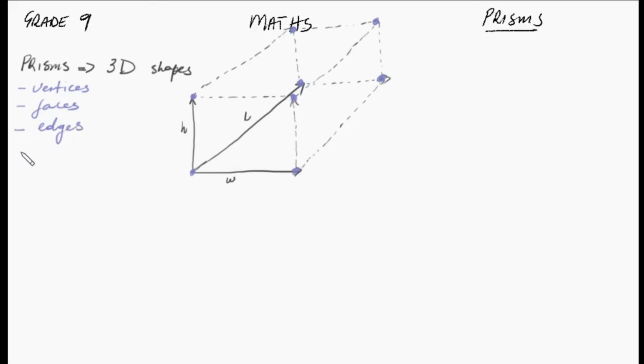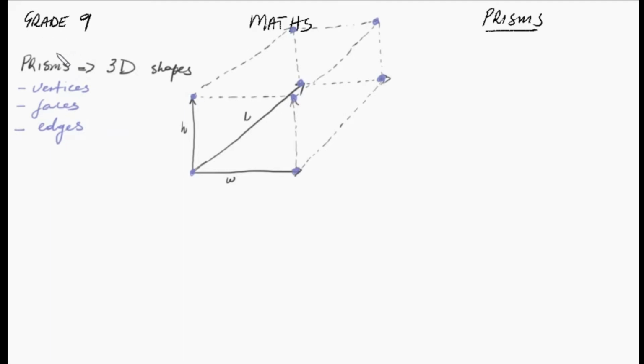Okay? So you need to understand this. So this is a typical structure of a prism. I was just trying to describe to you what we mean by a prism. So it's a three-dimensional shape with vertices, faces, and edges.